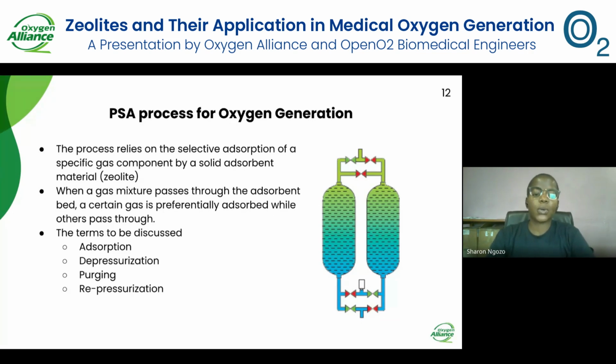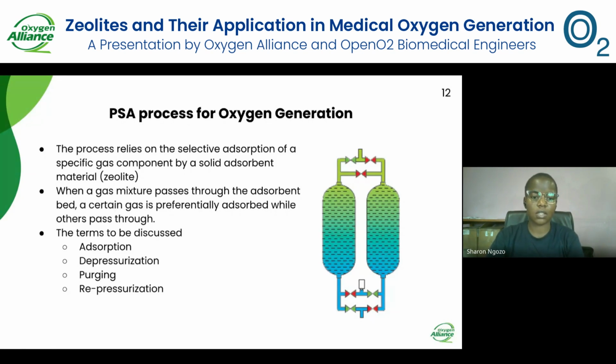Okay, so the process relies on the selective adsorption of a specific gas by a solid adsorbent, which is zeolite in our case. This happens under pressure, and there's a swing between two zeolite columns.